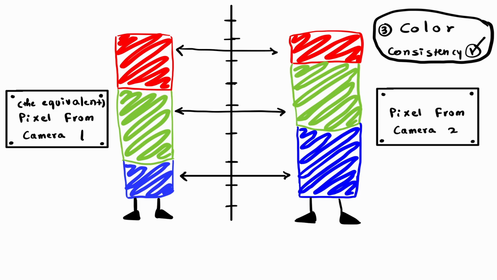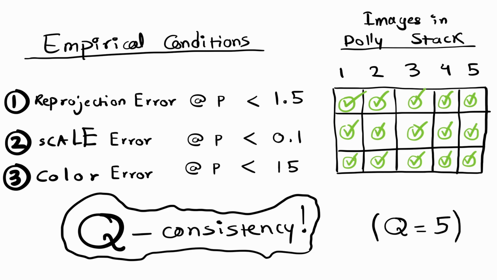Lastly, we have color consistency, which looks at the largest difference between any color channels at the pixel that we're interested in. Now, if we enforce this empirically found set of conditions on our plane parameters and they are satisfied for Q images in the stack, we say that the plane parameters are Q consistent.